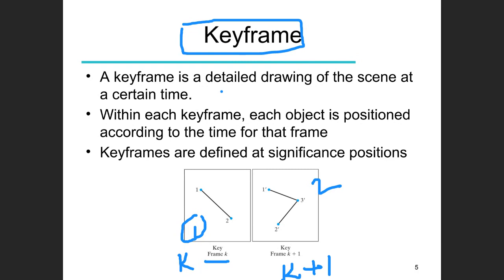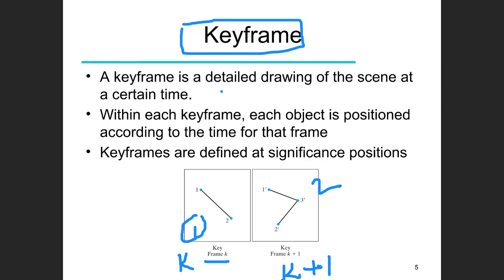Within each keyframe, each object is positioned according to the time for that frame. When we are designing the keyframe, there can be different objects. Wherever we want to show these objects, at whatever position, we have to define the position of each object in the keyframe using some coordinate system, for example x and y coordinates.